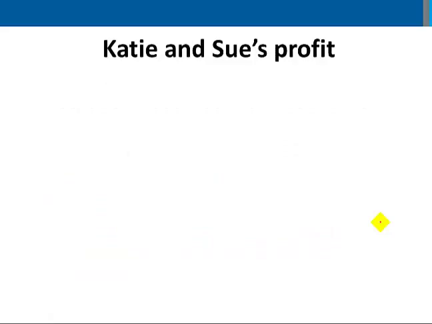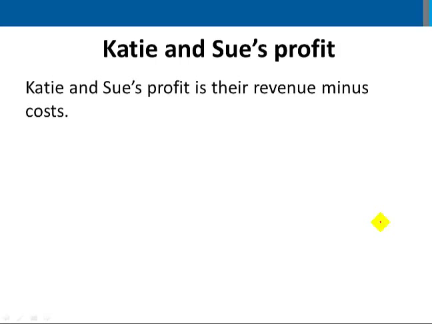Katie and Sue's profit. How much money will Katie and Sue have after they pay for the lemonade in cups? This is their profit. Katie and Sue's profit is their revenue minus cost, just like we saw by the definition.